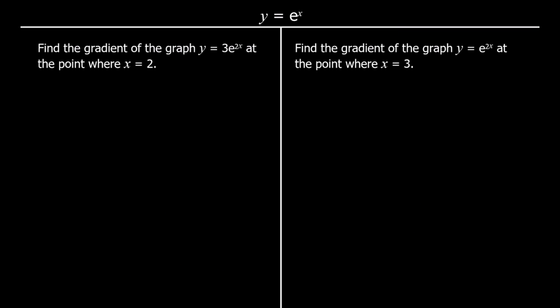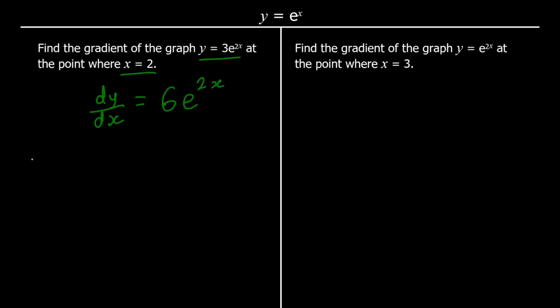Find the gradient of the graph y equals 3e^(2x) at the point where x equals 2. So let's find dy/dx. So whenever we need to find the gradient, we're finding dy/dx, the gradient function. Differentiating this, it stays the same, but we times by the constant in the power, which is 2. So it is 6e^(2x).